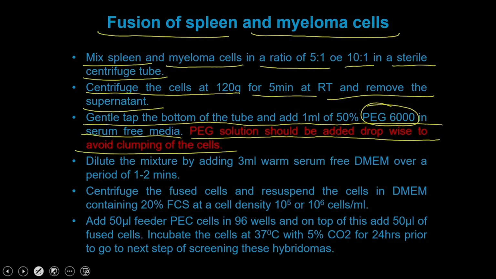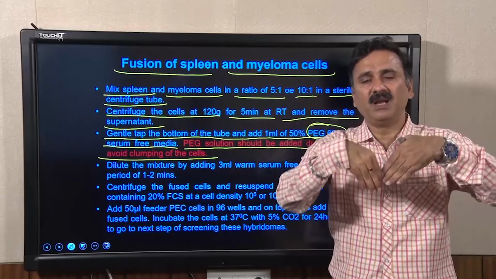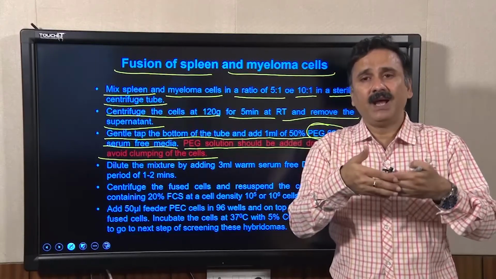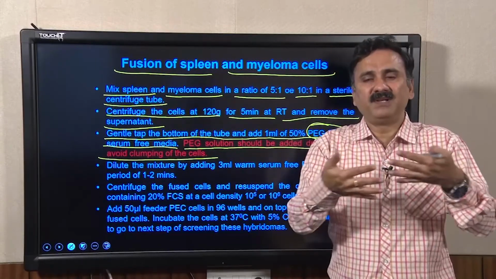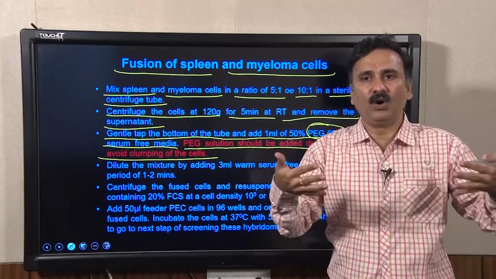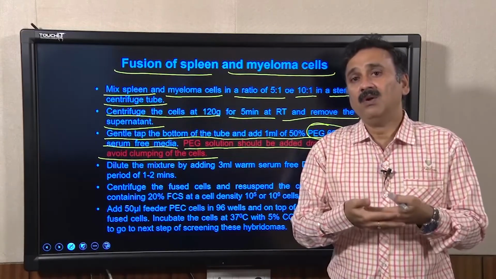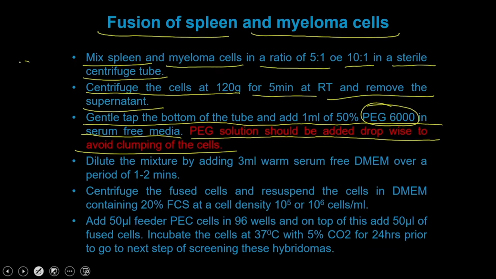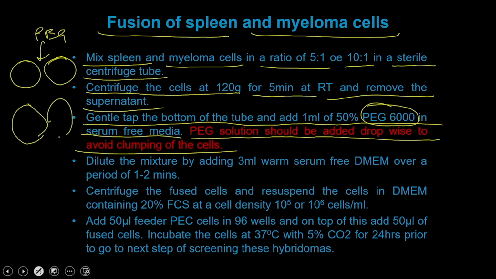Polyethylene glycol brings the cell membranes closer to each other, and in that process the lipid bilayer is dissolved, and that is how the cells get fused with each other. You can imagine that you have one cell like this, you have another cell like this, and when you add the PEG, it brings these two cells together.